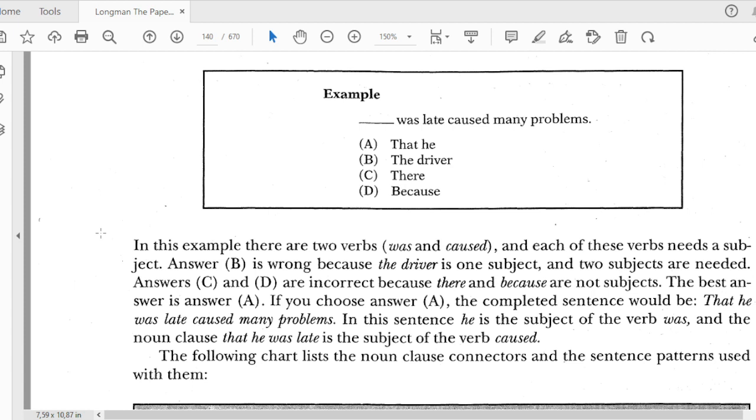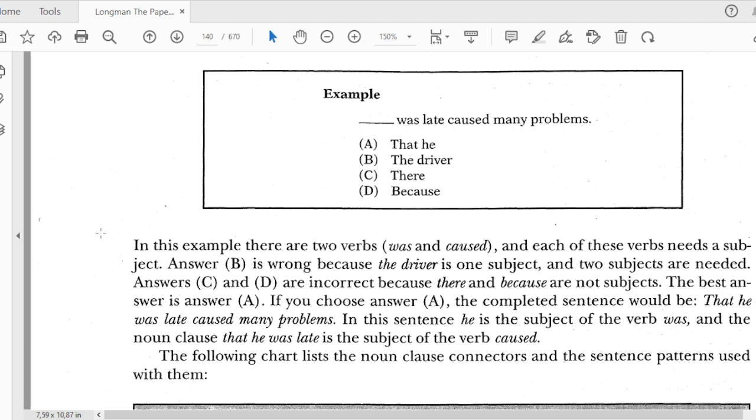Answer B is wrong because the driver is one subject, and two subjects are needed because there are two verbs, was and caused.